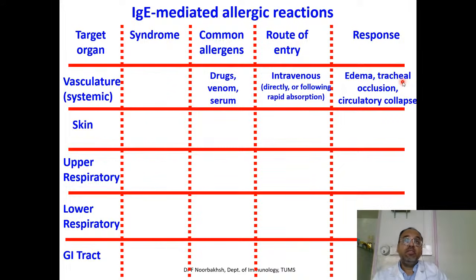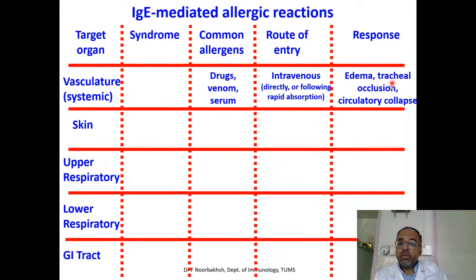We can have contractions in different parts of our respiratory system. And if it happens in the trachea, it will be very bad. It might lead to tracheal occlusion. And due to systemic vasodilation and the leakage of the fluid part of the blood from our blood vessels, we might have a decrease in blood pressure, leading to what is called a circulatory collapse.